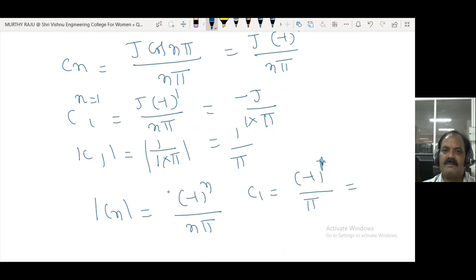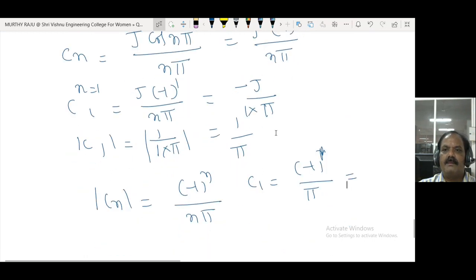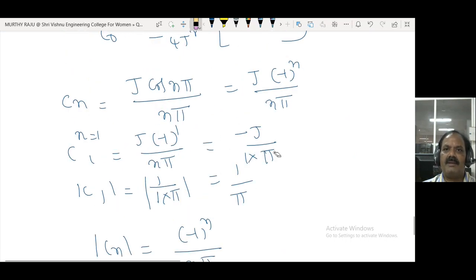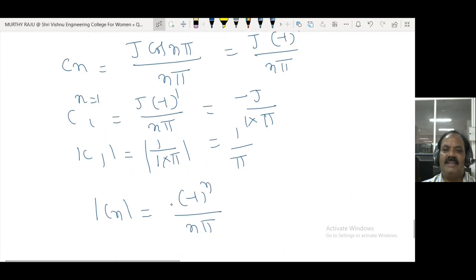We use modulus. C1 is equal to... Cn is equal to minus 1 whole power n j.